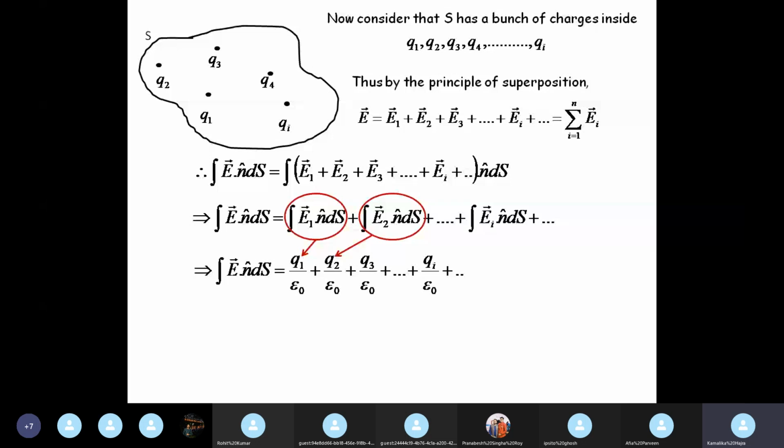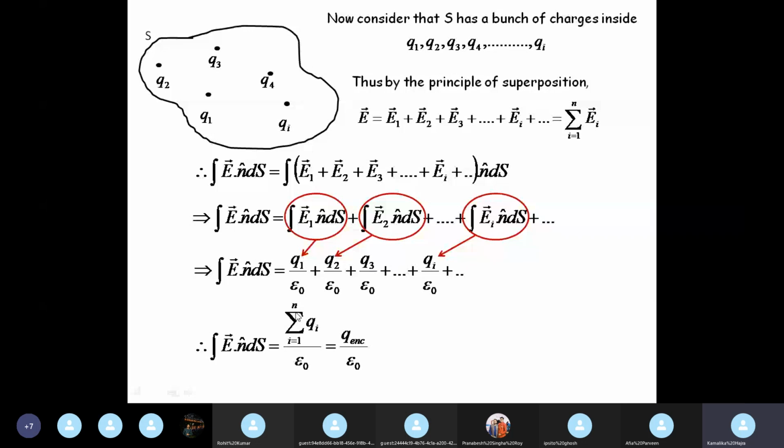So when we separate out the individual fields using the principle of superposition for each of the charges, we can apply Gauss's law for each single charge, because we have already proved Gauss's law for each single charge. So now this can be written as, since the denominator is the same epsilon naught, the numerator as sum i equal to 1 to n Qi, that is the total sum of all the charges, and this can be written as Q enclosed by epsilon naught.